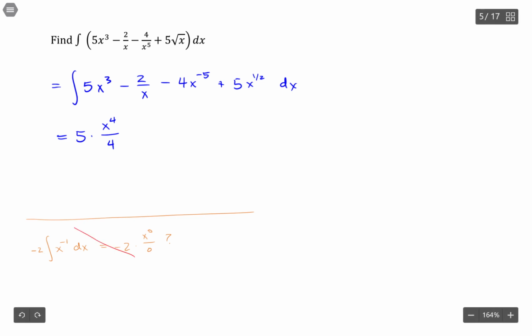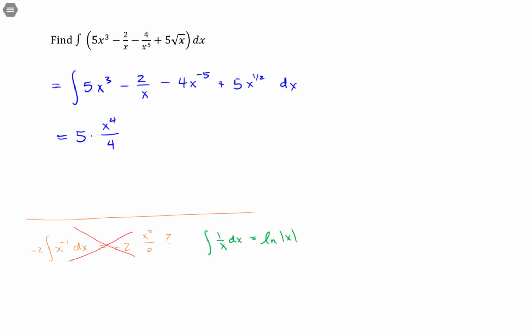What we have to do instead is just remember the rule that the integral of 1 over x dx is equal to the natural log of the absolute value of x. Now, when you enter this into your homework, it doesn't accept just absolute values. You have to write things as functions, so you'd need to write natural log of absolute x like this.